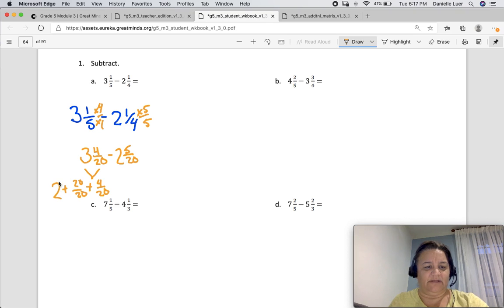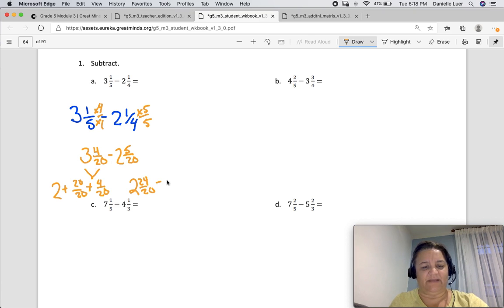So this would be 2, and 20 20ths plus 4 20ths. So I just borrowed here. Now I'm going to rewrite that as 2, and 24 20ths. Okay, do you see what I did? I borrowed from the whole number to create an improper fraction so that I could subtract.